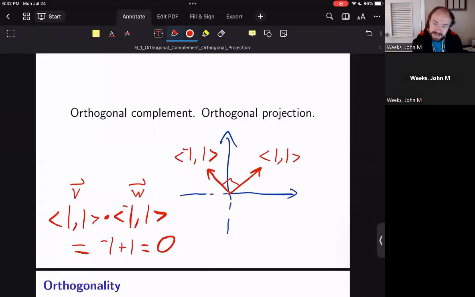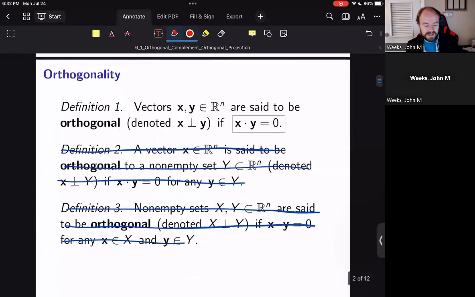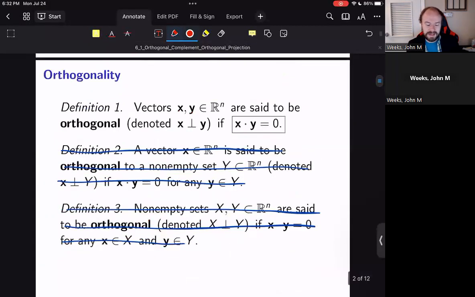Since the dot product is the inner product in R2 that we're familiar with, we say that V and W are going to be orthogonal to each other whenever the inner product of V and W equals 0. So when you take those two vectors and plug them into your inner product formula, you're going to get that these two things are 0. And indeed, that's exactly how we want to be defining this.